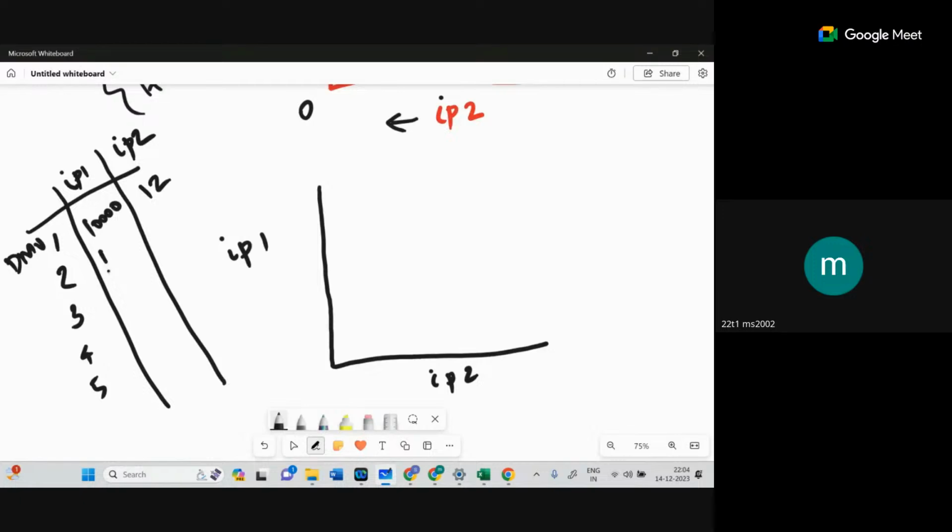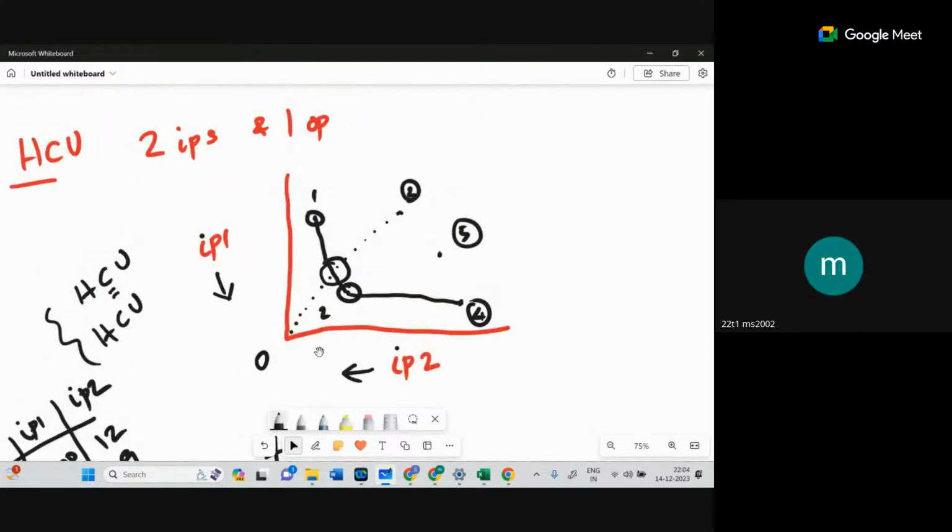Similarly, this might be 11,500 and this could be 9, and so on. So you have this data with you. When you have this data, you do the markings here. And that's how I hypothetically created this particular graph.